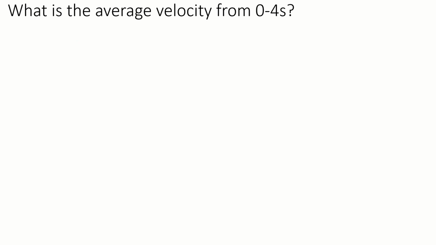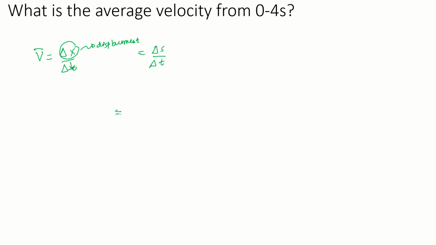Okay. Next question is the average velocity from 0 to 4 seconds. Remember that average velocity is v bar equals change in x over change in t. Here, the change in x is already your displacement, which we solved a while ago. So this is just change in s over change in t.